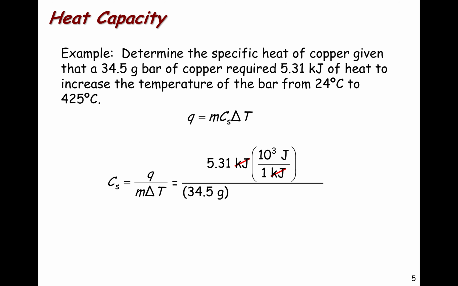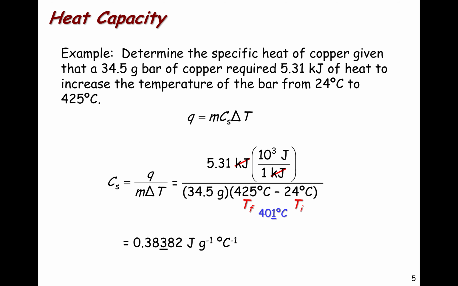And the mass is 34.5 grams, and the temperature change is 425 minus 24. We can plug all those values into the calculator, noticing that we're always going to have final minus initial for the temperature, so that we're going to end up in this case with a positive value for the heat capacity.